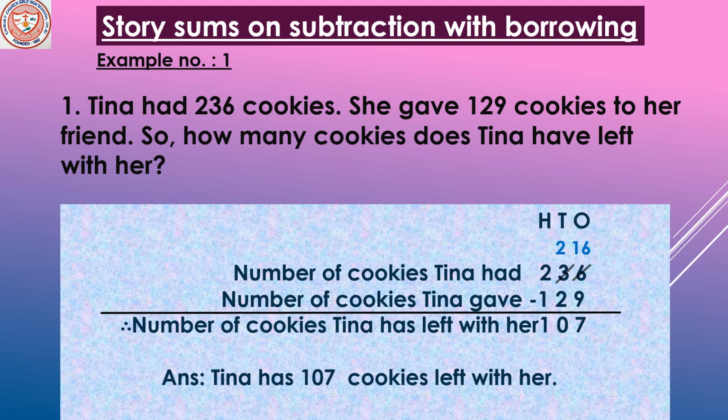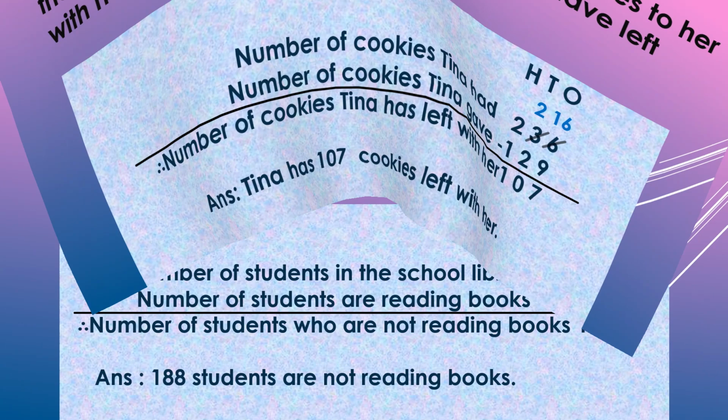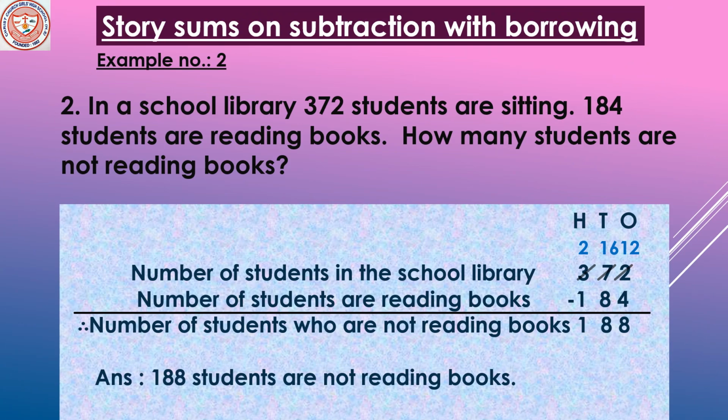Okay. Now, it's time to solve the next example, and that is example number 2. So, again, read this story sum very carefully and thoroughly. In a school library, 372 students are sitting. 184 students are reading books.